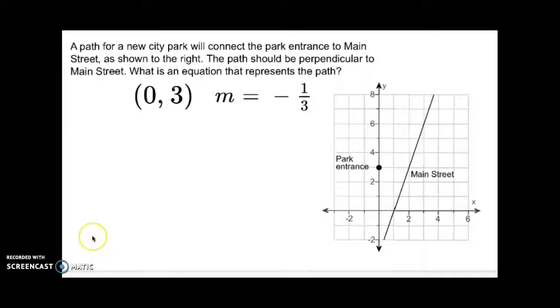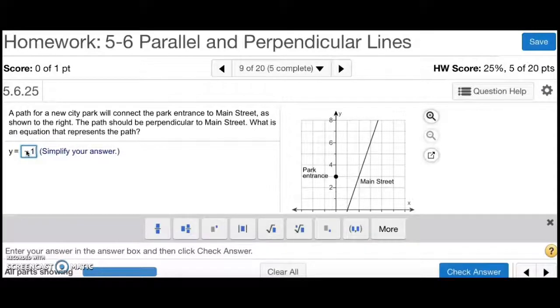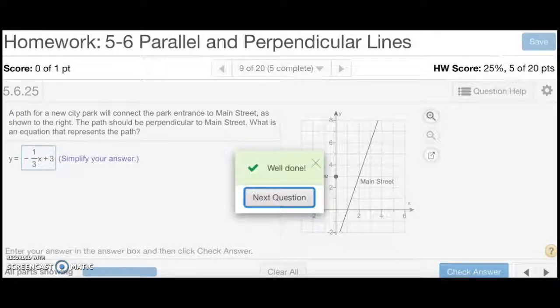Now all I have to do is put both of these into slope-intercept form because this is the y-intercept. So I'll have y equals negative 1 over 3x plus 3. And then that's going to be the answer. Type in negative 1 over 3x plus 3. And that's number 9.